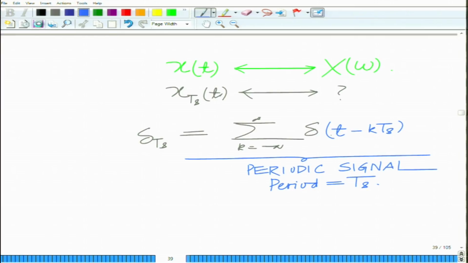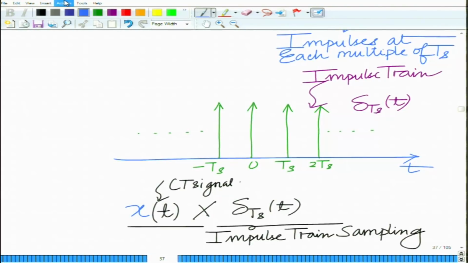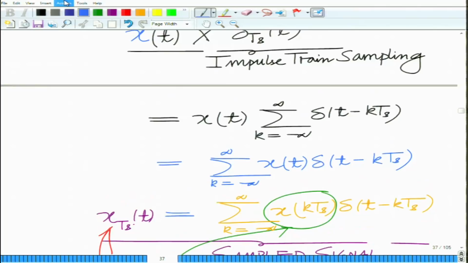You have one impulse in every interval of T s, so an impulse at 0, T s, 2 T s, minus T s, minus 2 T s, and so on. The fundamental frequency is 1 over T s, and the fundamental angular frequency is 2 pi over T s. Okay. So, that is the first thing that we note.